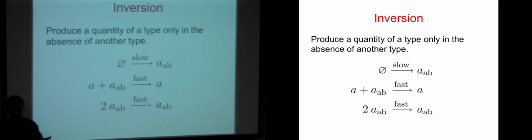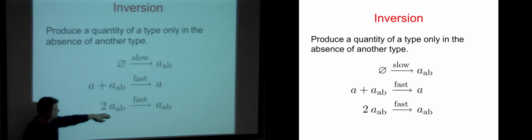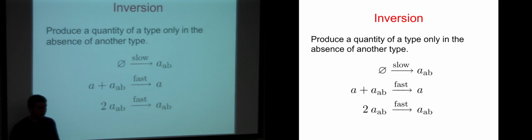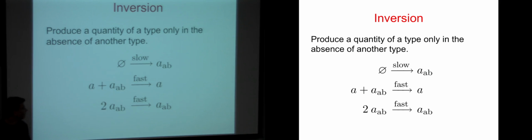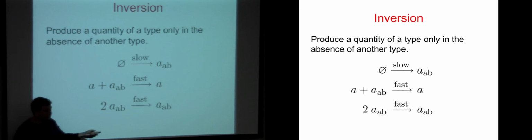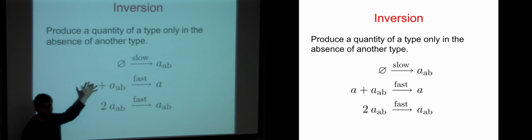It's an inverter. It gives me the opposite of what I had before in terms of a lot or a little. Now, what is this reaction doing? This reaction is just throttling the growth of AAB so that AAB will continue to grow, but we won't let it grow out of control, because if we let it grow out of control, there is some food source that is producing AAB.